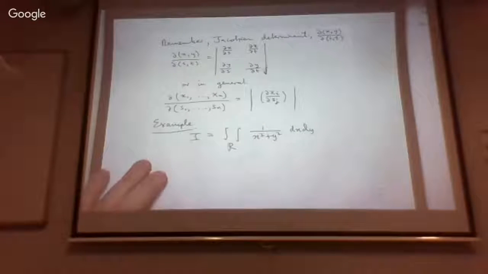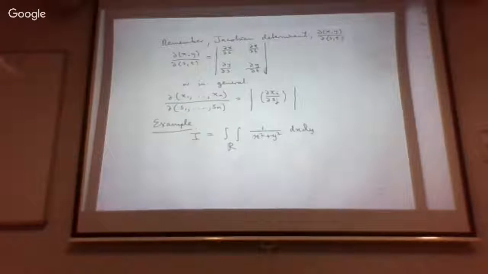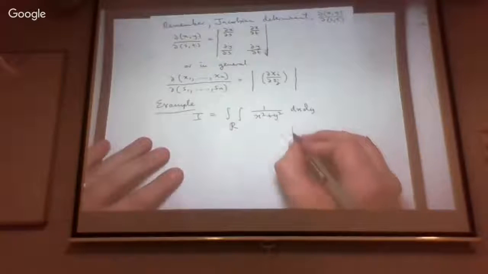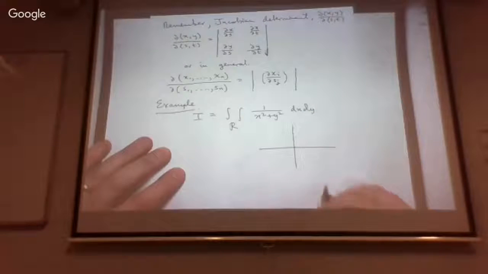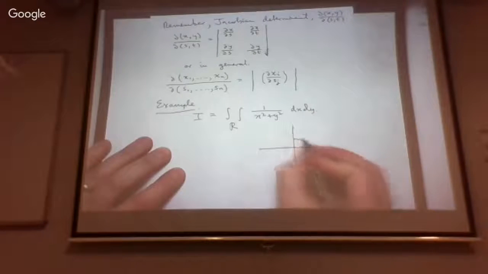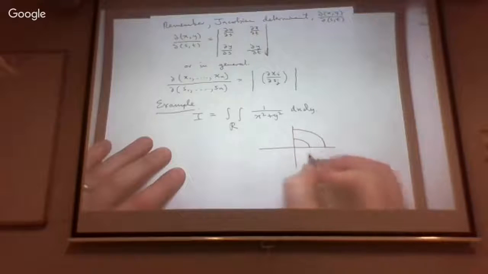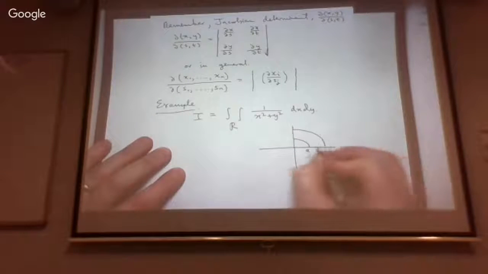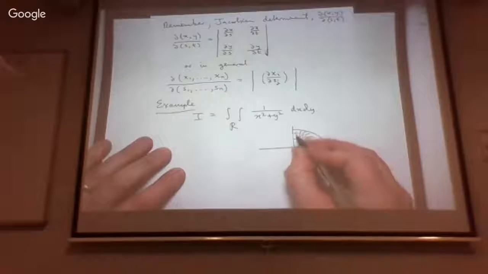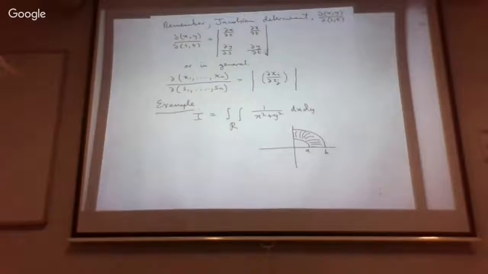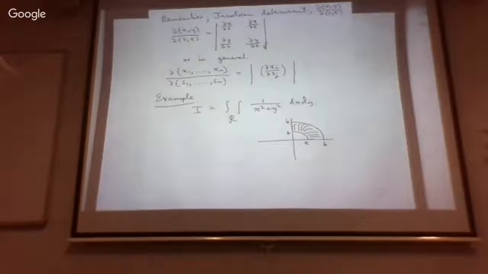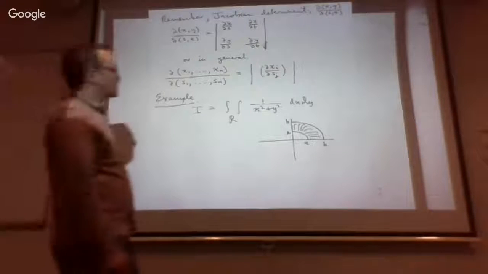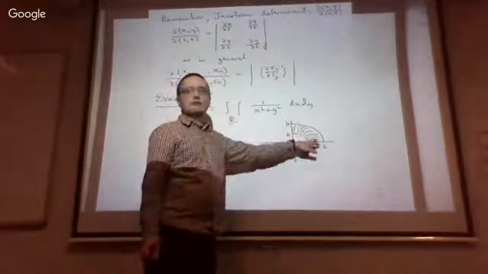And the region is the annular region in the plane bounded by the circles of radius a and b in the first quadrant. So the first quadrant in the plane is the top right corner of the plane. We've got two circles, one of radius a, one of radius b. And the annular region is the region between the two circles. So this is a and b here. These are circles, not particularly circular. Okay. So this is the region R here.